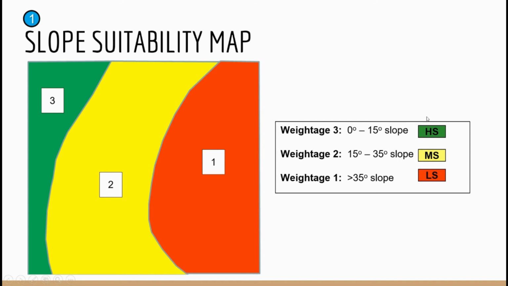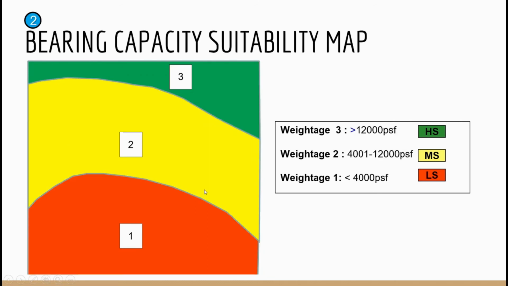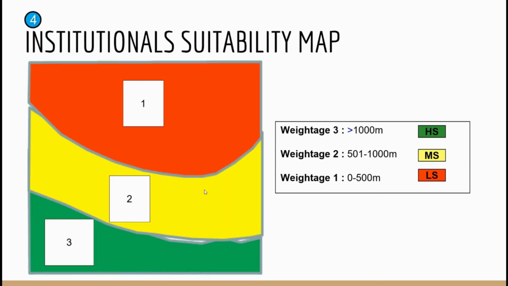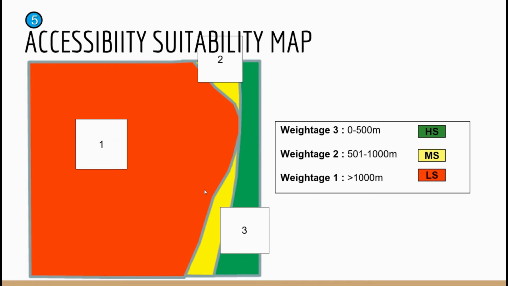Yang kedua, weightage yang kedua iaitu yang warna kuning is between 15 degrees until 35 degrees slope for moderate suitability, and more than 35 degrees slope which is red color adalah less suitability untuk kawasan industri tersebut. Ini adalah bearing capacity suitability map, residential suitability map, institutional suitability map, accessibility suitability map.